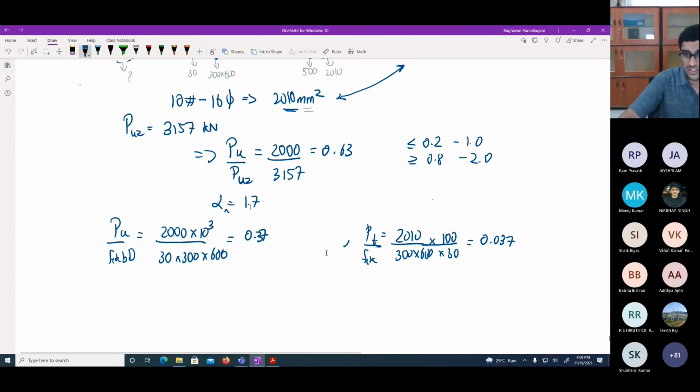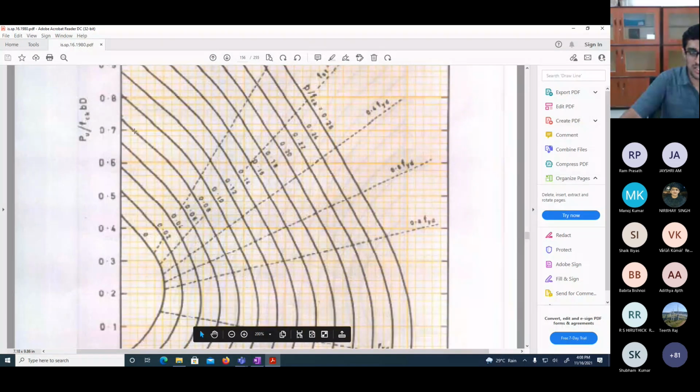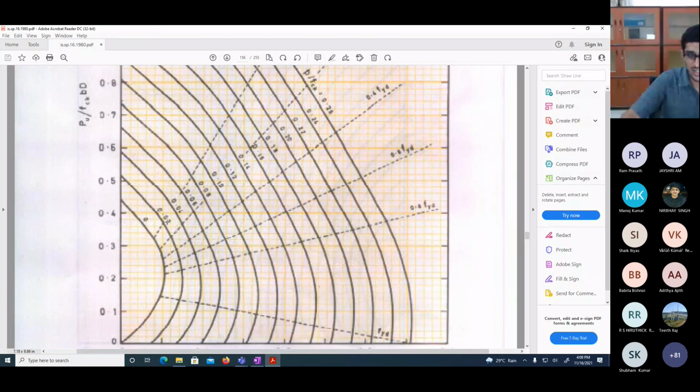Now we have a value of PU by fck bD and pt by fck. Now I come back to this chart. I do the reverse. I pick a value of pt by fck. My pt by fck is 0.037, which is close to 0.04, so somewhere below that I'll take about this point. And PU by fck bD is 0.37, so it's somewhere around this point.